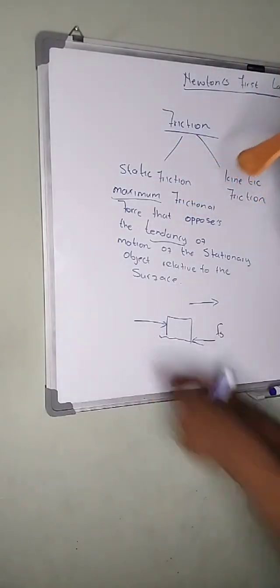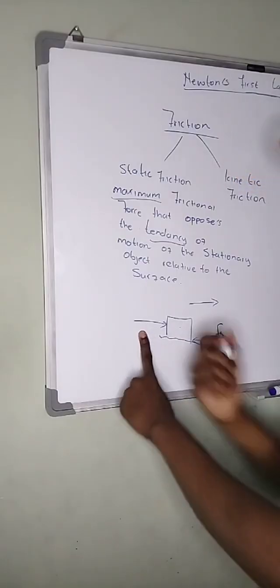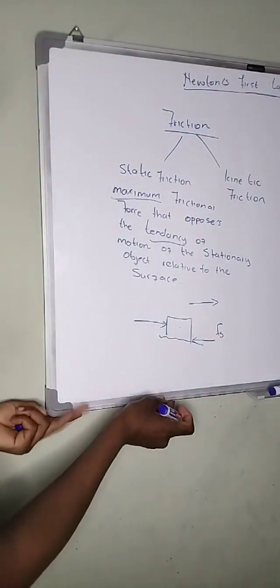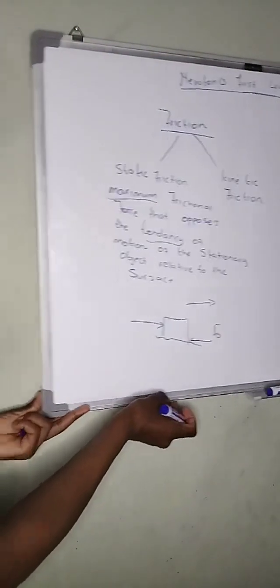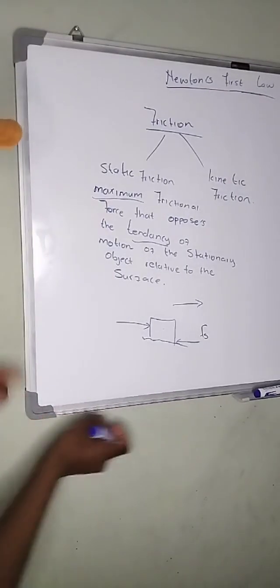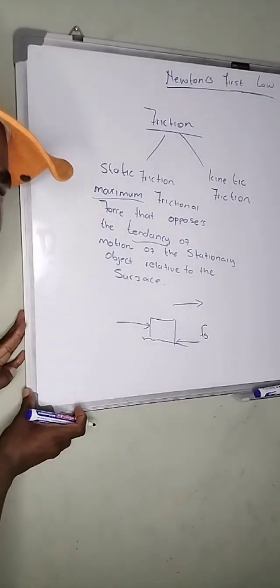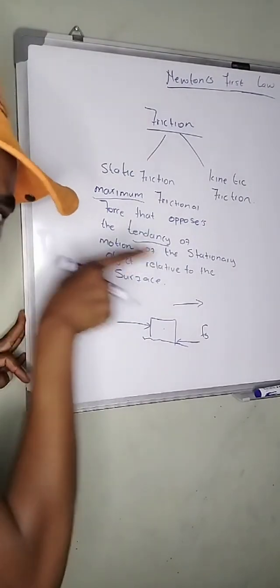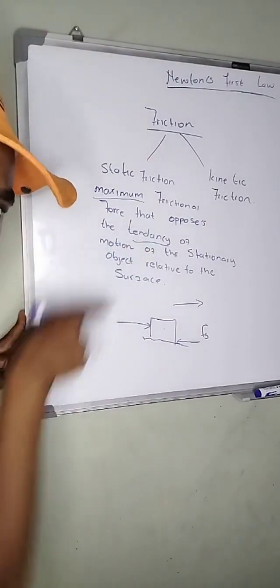But if you are pushing this object, right? Maybe let me make an example with the board. If I'm pushing this board, you see I'm pushing it, this board has a tendency of going to that side. You get what I'm trying to say?